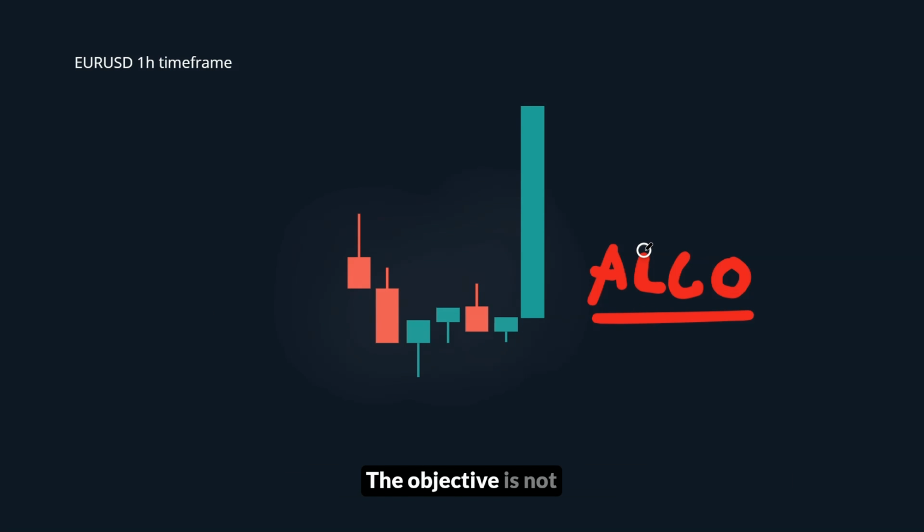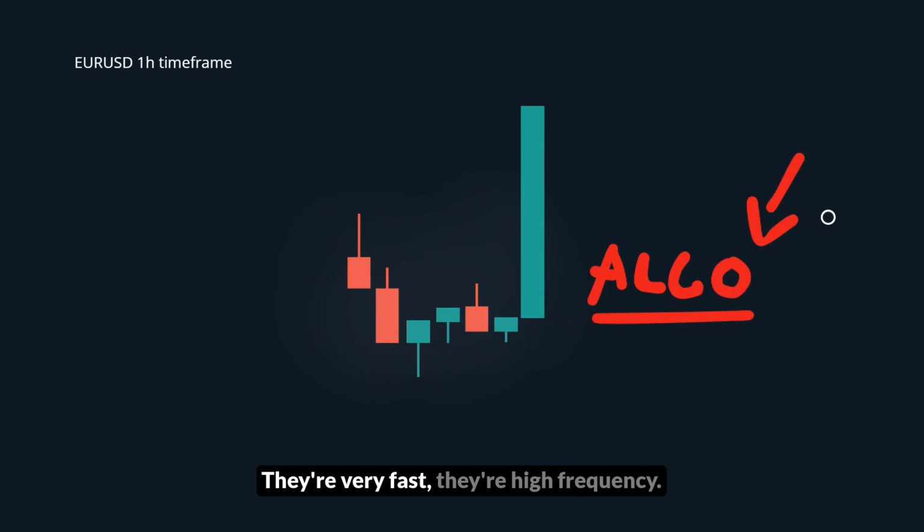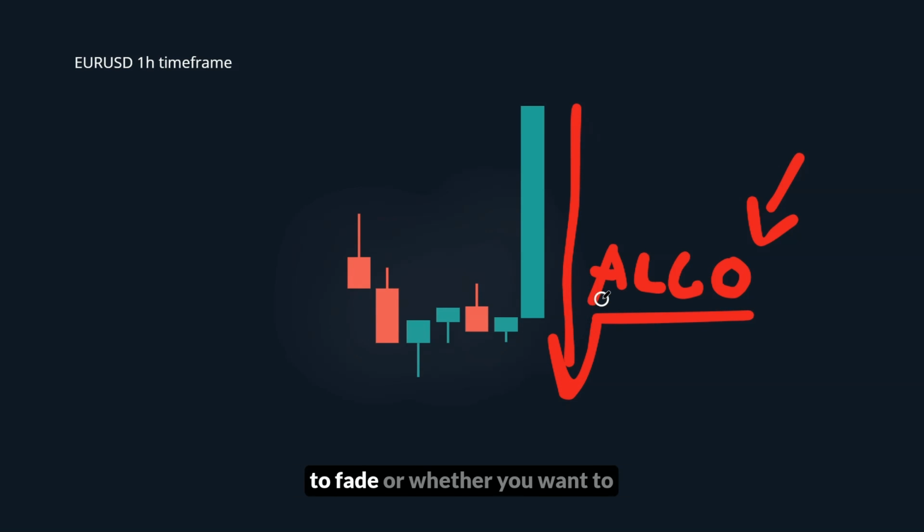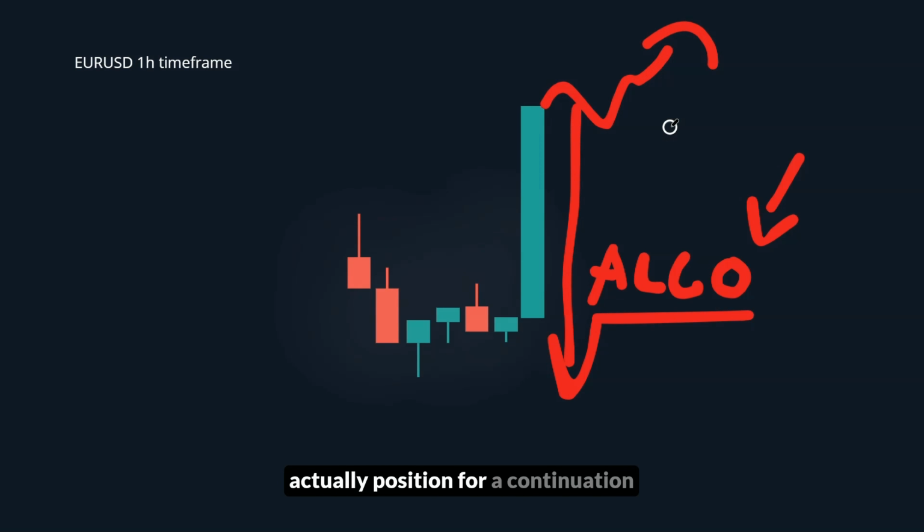So the objective is not to race with the algos. You have no competition with the algos, okay? They're very fast, they're high frequency. You can't compete with them. What you can do instead is decide whether the information that has been released created a direction that may still matter after the initial reaction. So you can decide whether you want to fade or whether you want to position for a continuation.